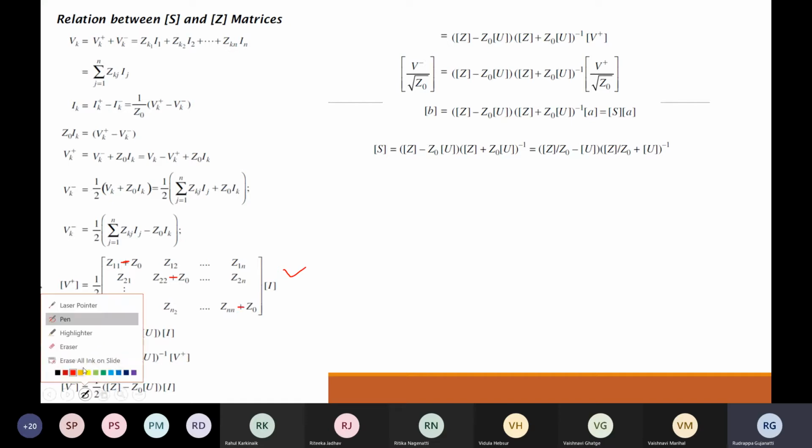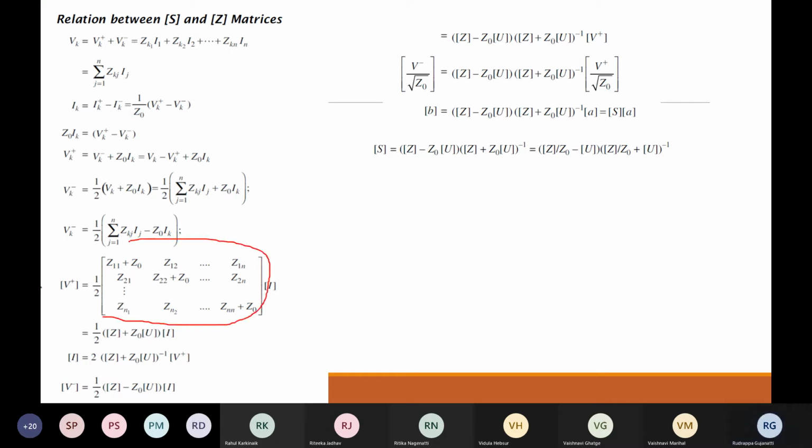Here, if I just observe this, this is nothing but matrix Z plus the identity matrix multiplied with Z0. This will give you Z11 plus Z0, and since the other diagonal additions are 0, the rest will be Z12 up to Z1n, and it follows with the rest of the elements.